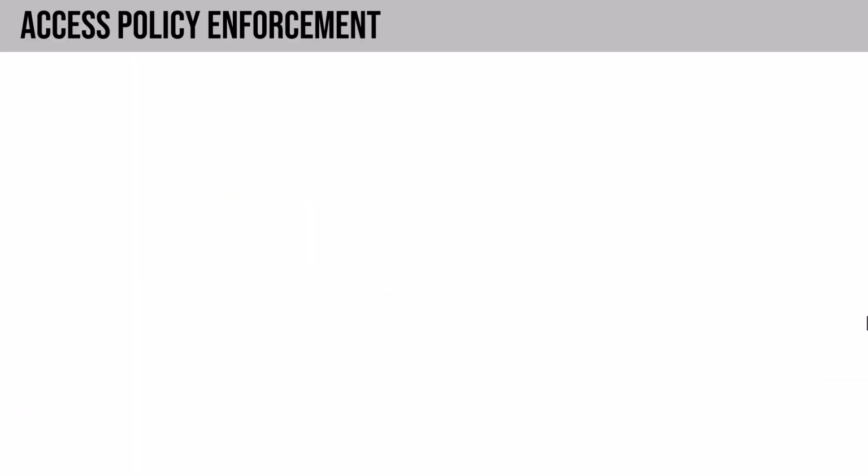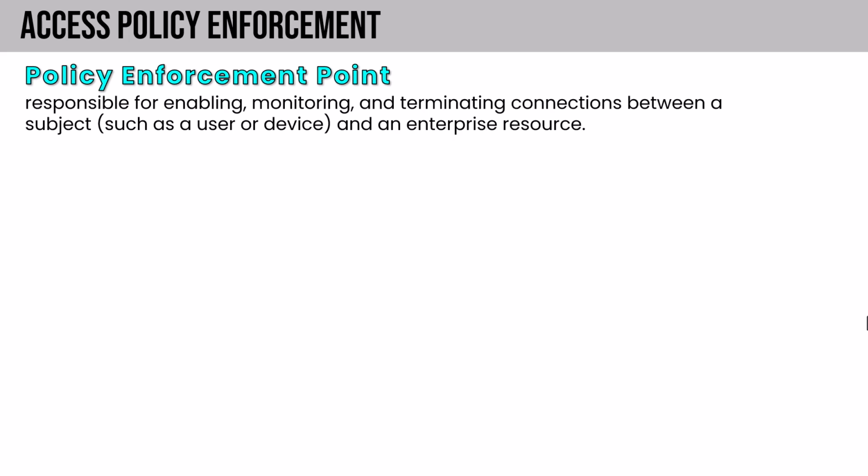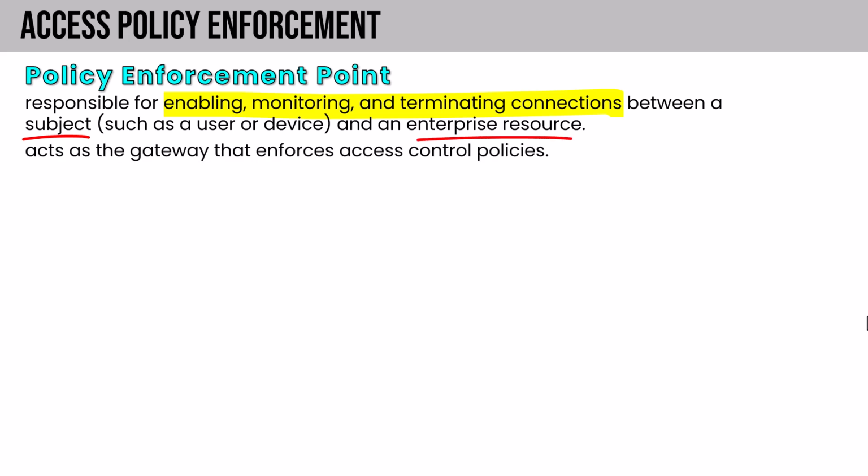So let's talk access policy enforcement in the context of Zero Trust. We have the policy enforcement point, which is responsible for enabling, monitoring, and terminating connections between a subject, like a user or a device, and an enterprise resource. The policy enforcement point acts as the gateway that enforces access control policies.